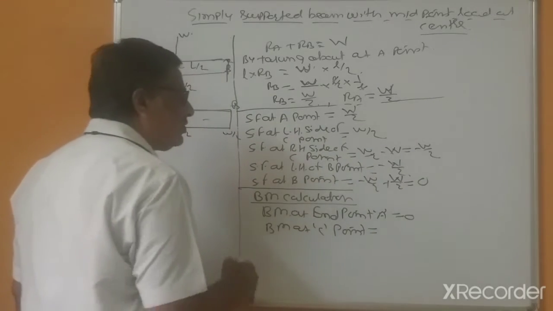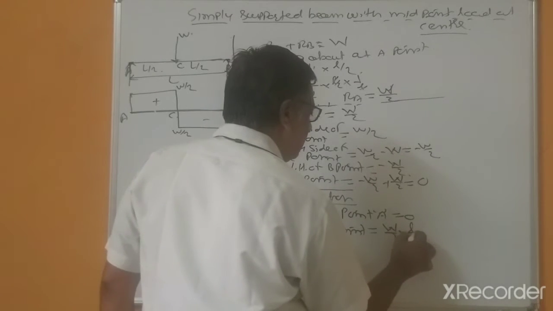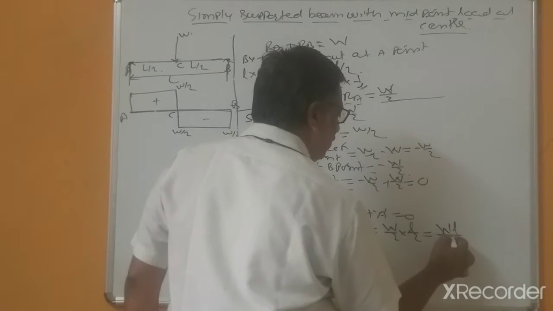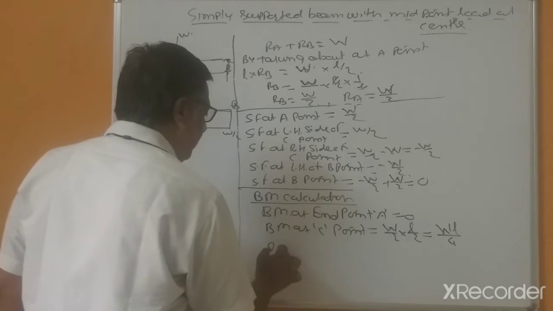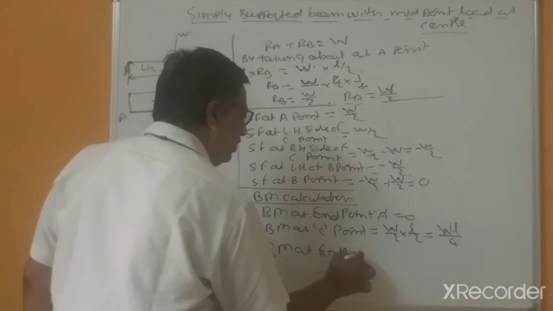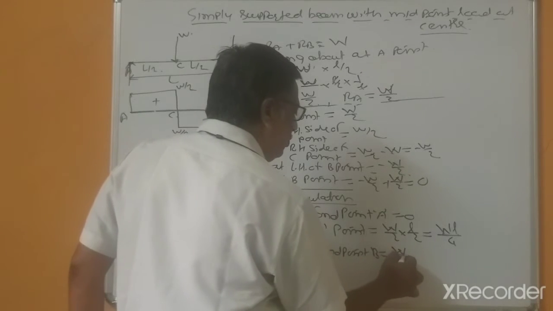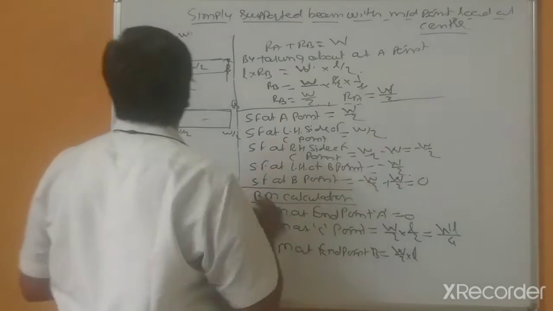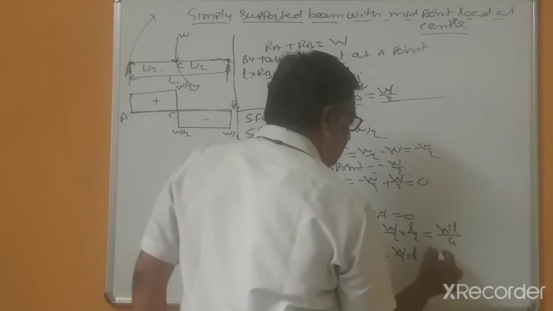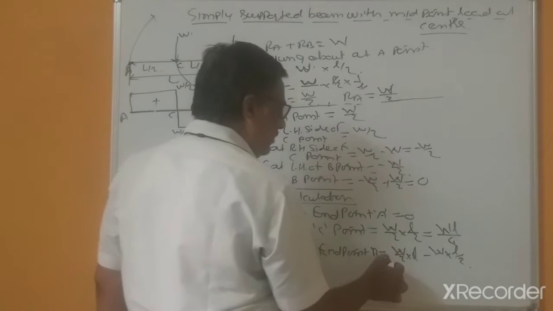Now this is a clockwise moment: W by 2 multiplied by distance L by 2, so this is WL by 4. Now the bending moment at the end point is again 0, but only for understanding purposes I am writing W by 2 into L as one moment, and minus the anticlockwise moment W into L by 2.